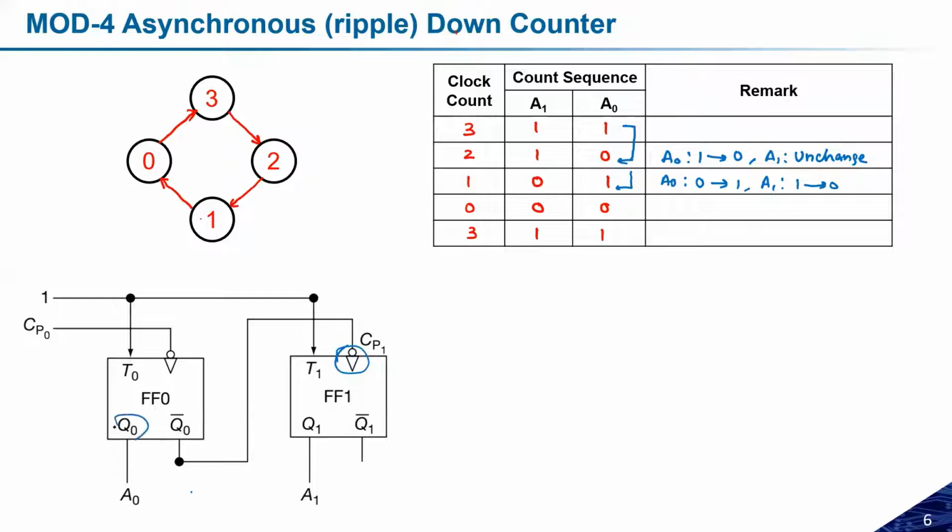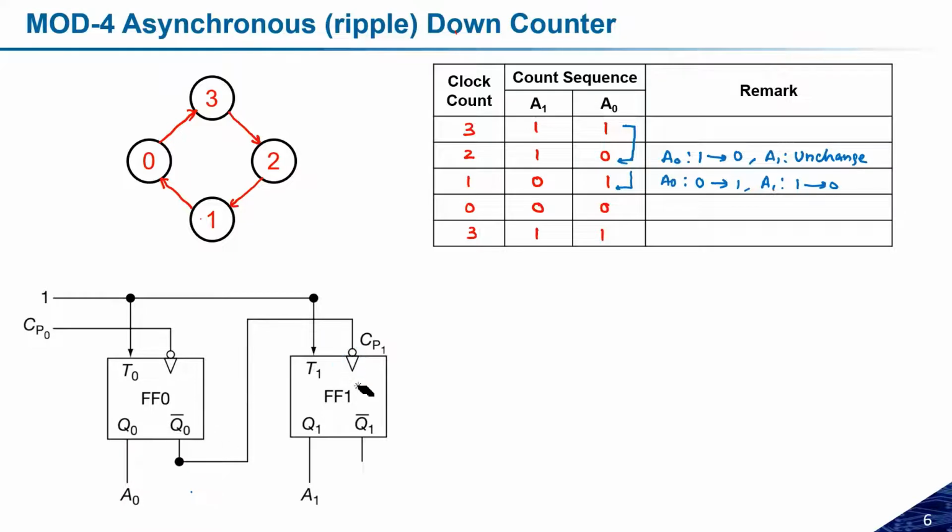If Q0 is connected to the clock pulse of the next flip-flop, then it is an up counter, and if Q0 bar is connected to the clock pulse, then it will be a down counter. So the up and down counter are decided based on the connection of the clock pulse of the next stage, either with Q0 or with Q0 bar.